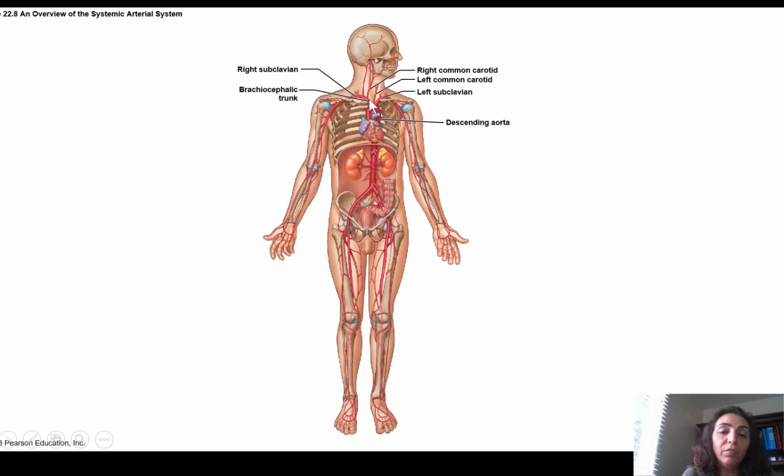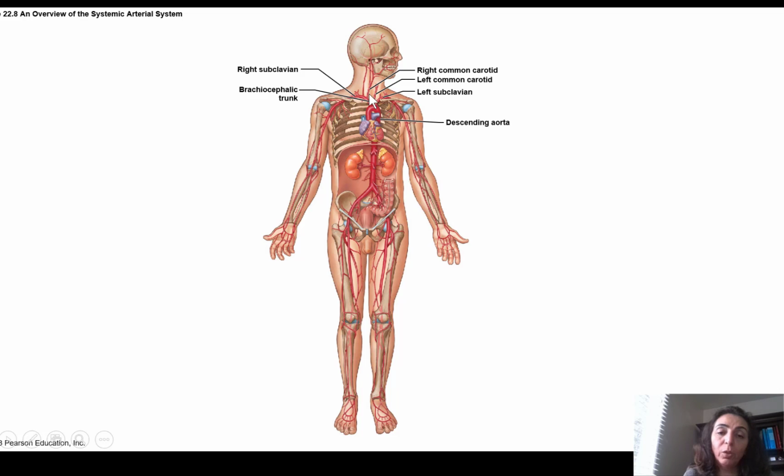aortic arch, right? We said that we have brachiocephalic trunk, and after a short length, it makes the right common carotid artery and right subclavian artery. Each common carotid artery, after it goes a little bit, it makes external carotid artery and internal carotid artery.